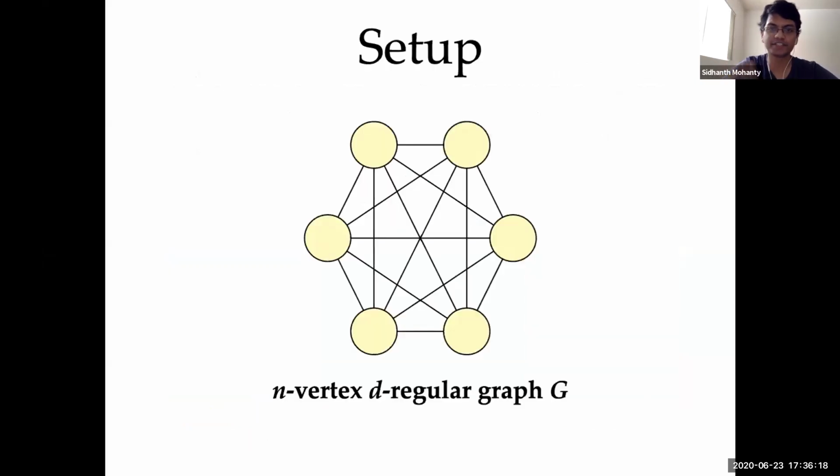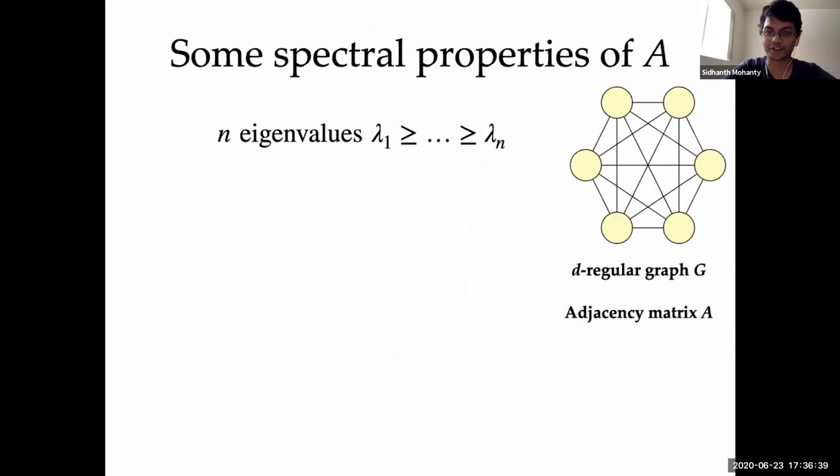So the main object to study in this talk is going to be a d-regular graph G. And we're going to use the number n to denote the number of vertices in this graph. And associated with this graph G, we are going to have this adjacency matrix A. So now let's quickly talk about some properties of the adjacency matrix.